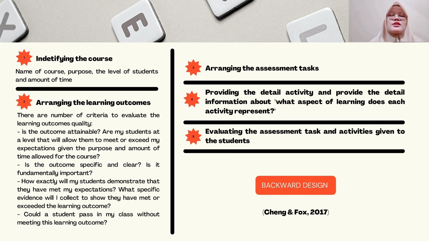And after the learning outcomes are arranged, the teachers need to think about what assessment task would allow them to evaluate whether their students have met or exceeded their expectations during the course. Teachers should provide the detailed activity and provide the detailed information about what aspect of learning each activity represents.